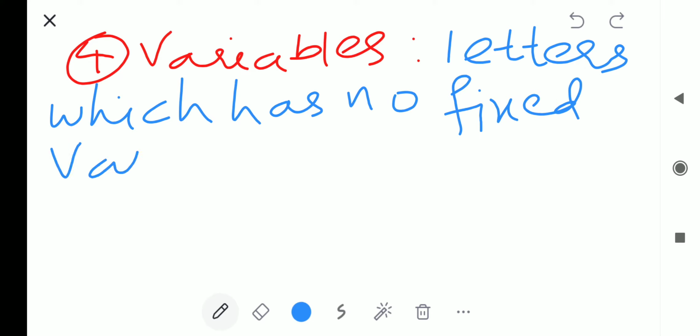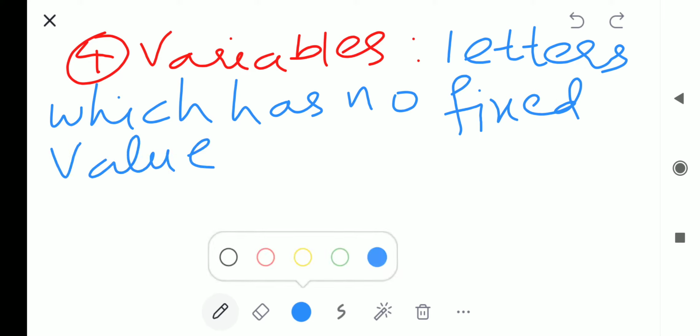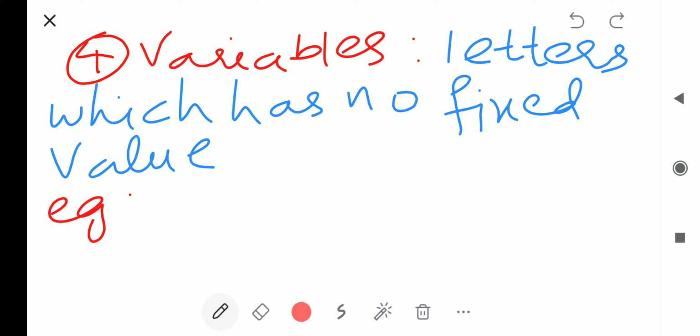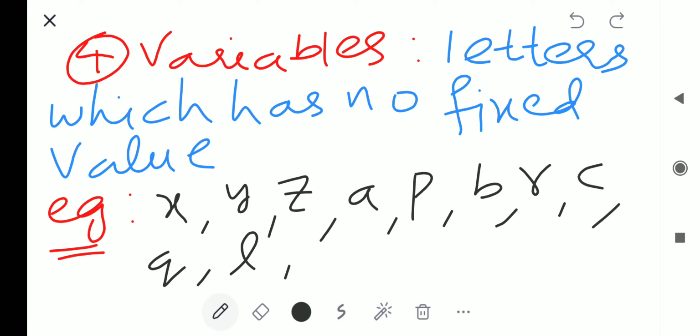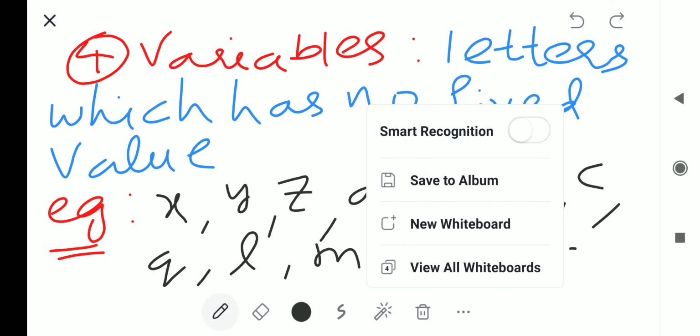For example, X, Y, Z, A, P, B, R, C, Q, L, M, N, etc. Any English alphabet we can use as a variable.